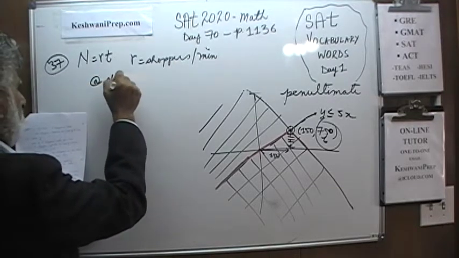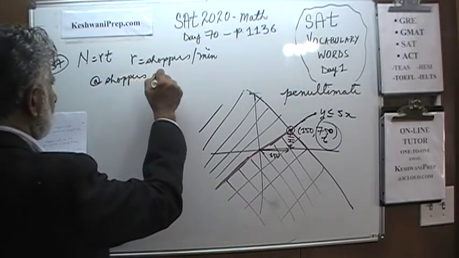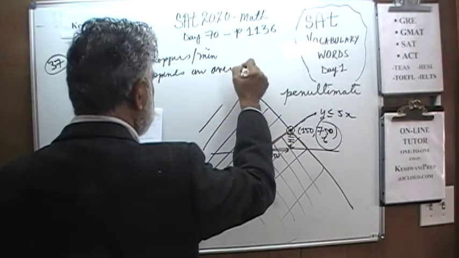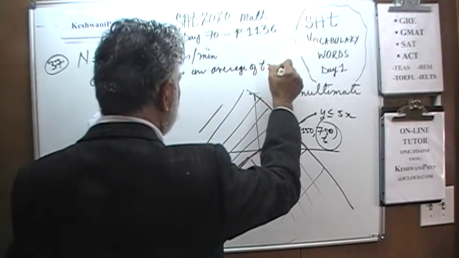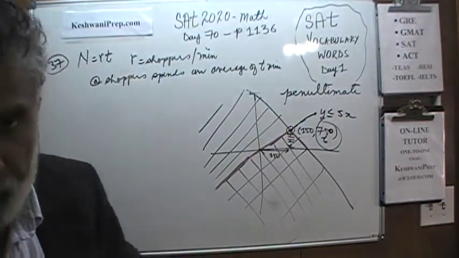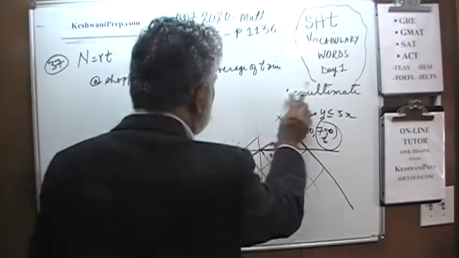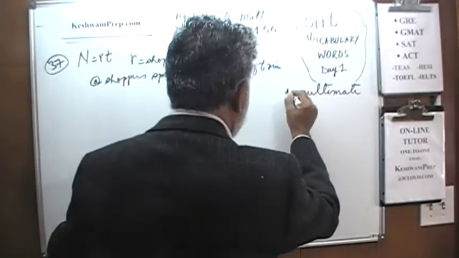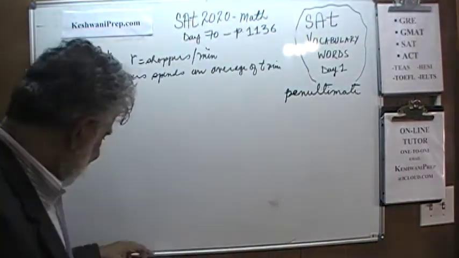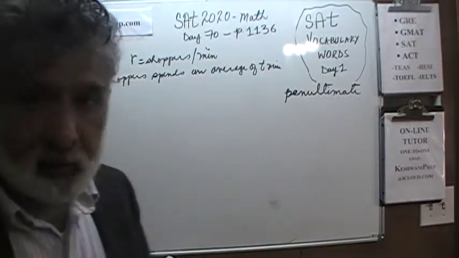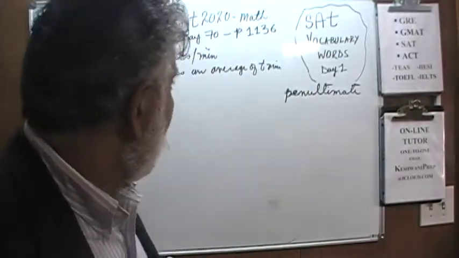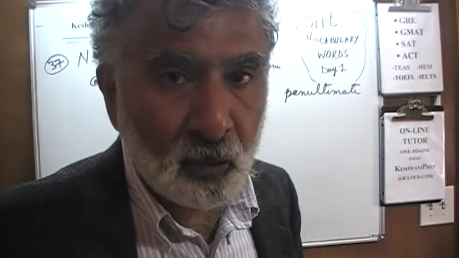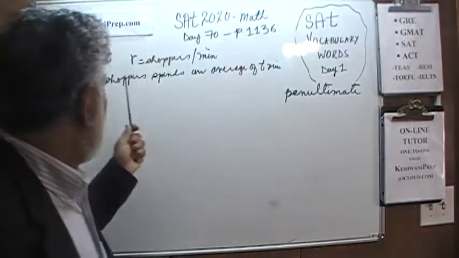each shopper spends an average of T minutes. So here some marketing genius has come up with this discovery that if you want to estimate how many customers there are in the store at any given point in time, this is the formula that you can use.